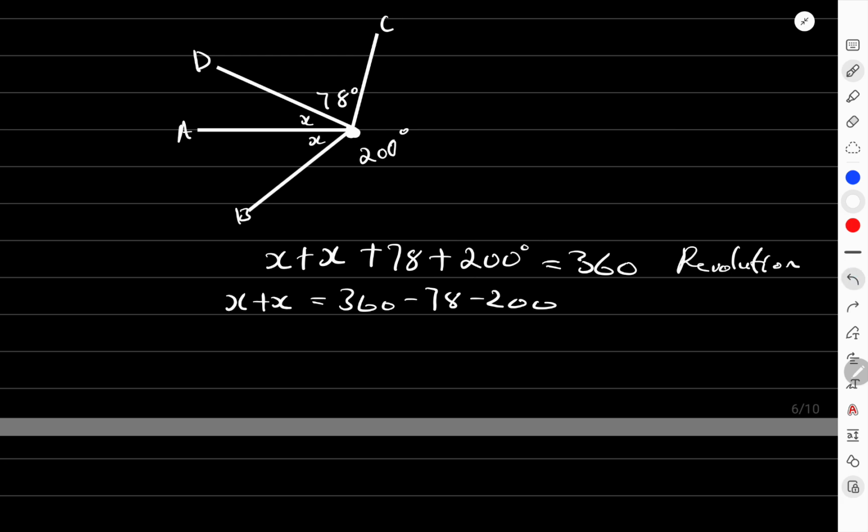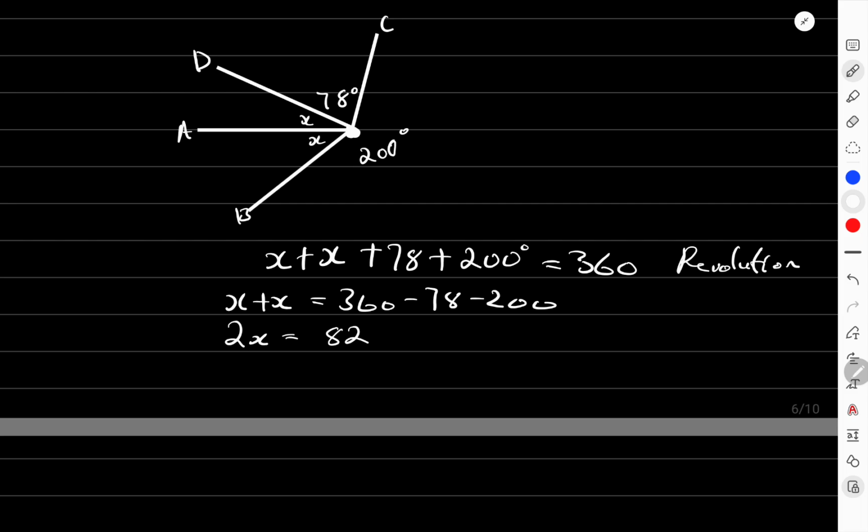The 200 is positive, it's going to be negative if I take it to the right hand side. Therefore, what is x plus x? I have 2x, which equals 360 minus 78 minus 200. I'm going to have 2x equals 82 degrees.